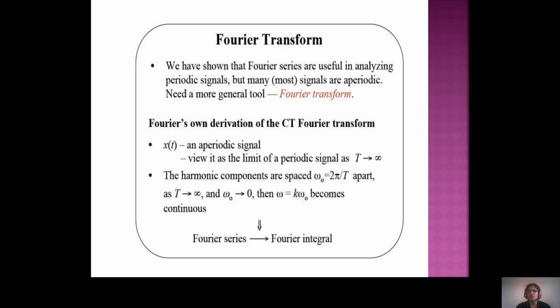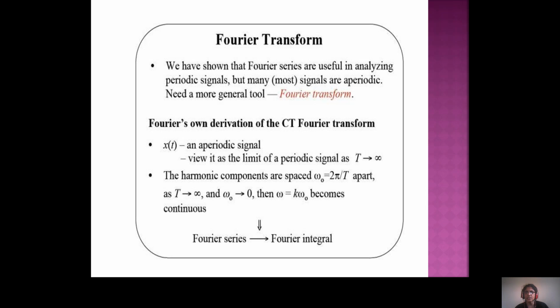As T goes to infinity, omega naught goes to 0, and then omega equal to k times omega naught becomes continuous.